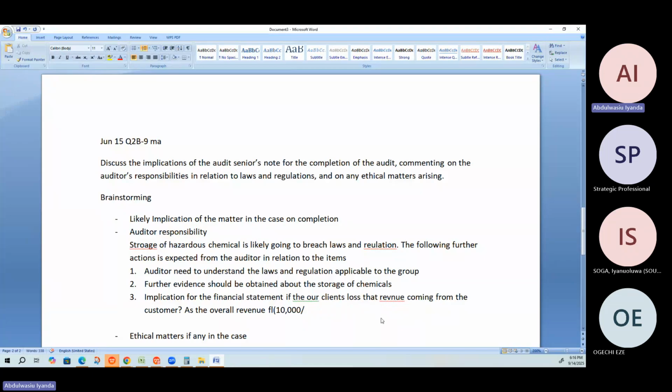The overall revenue from the customer is not material. It is 0.005, two decimal places please, and 20 million is the base.